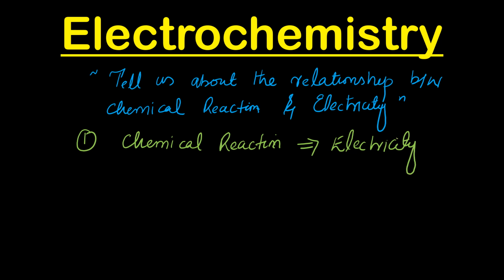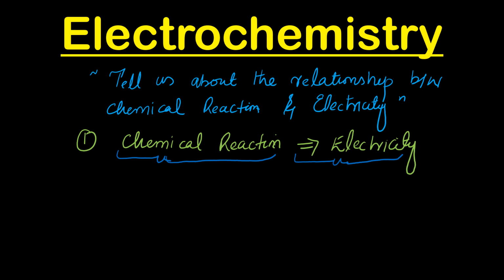So this means that in the first way, we study that there are certain types of chemical reactions which can generate or produce electric charges or electrons, and when these electrons move they can create electricity. A simple example of a chemical reaction which causes electricity is a chemical battery.